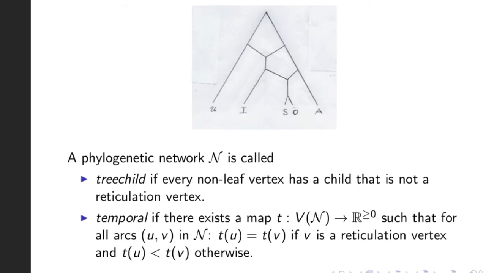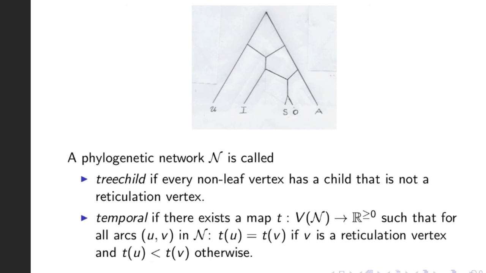Now, the key to answering this question is held by 2 concepts, tree child and temporal. And for completeness' sake, I have included both definitions here. We have a phylogenetic network, and such a network is called tree child if every non-leaf vertex has a child that is not a reticulation vertex.